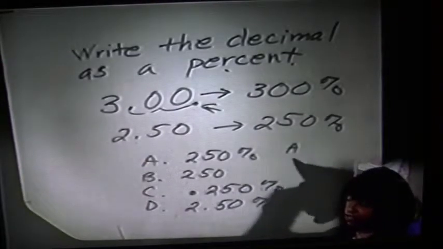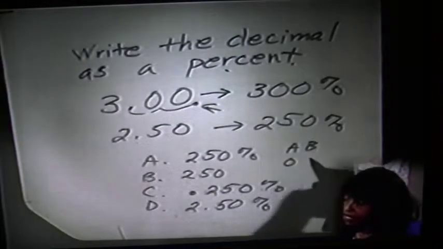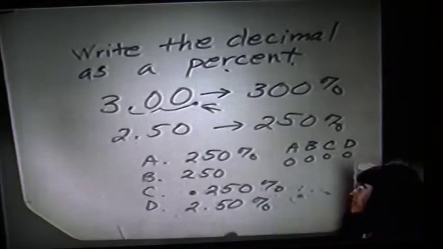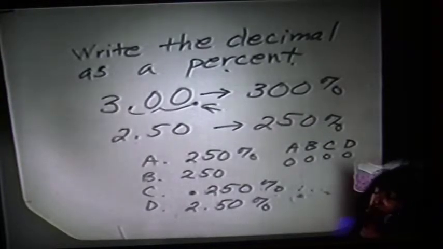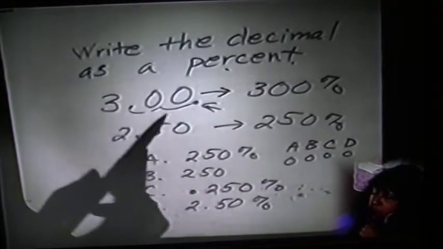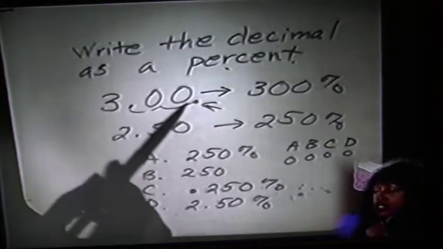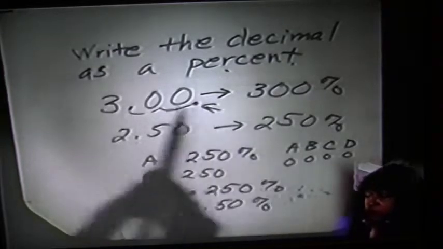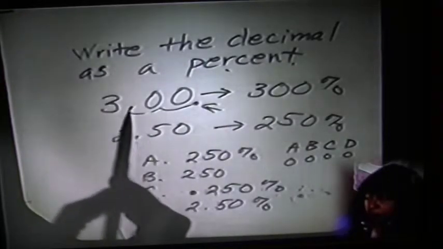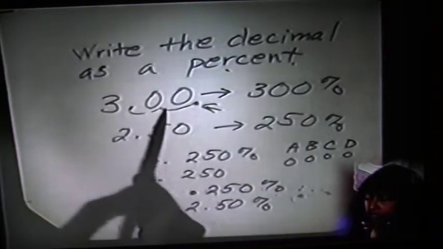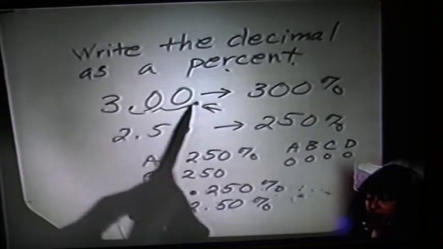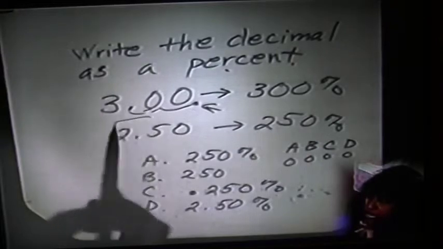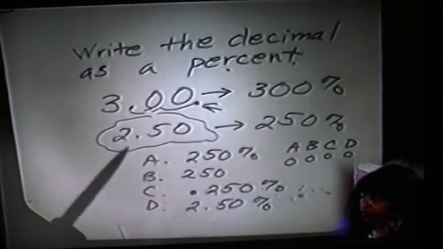And you go to your Scantron, you have choice A, you have choice B, you have choice C, and you have choice D. Well, let's look at this. Once again, we move our decimal point. We didn't do that earlier because I just showed you a quick way to eliminate and change it to a percent. But when it's a 3-digit number, remember to move your digits to the right of those zeros. And you have 300%.